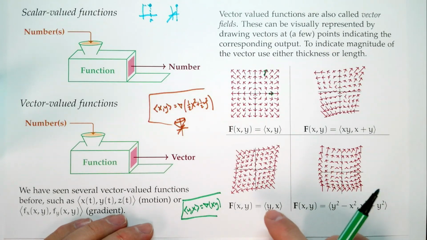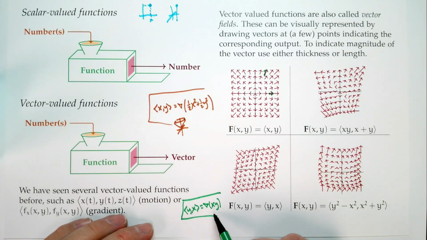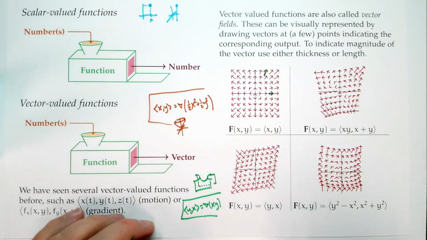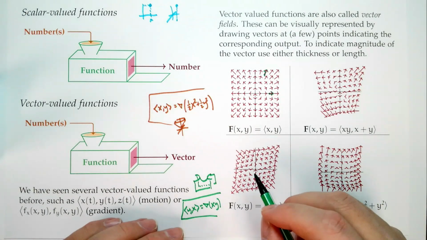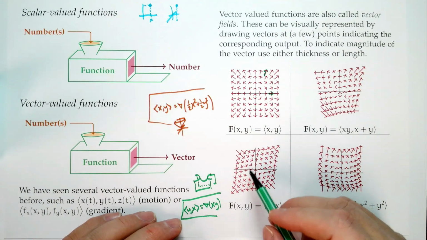And so, what's happening? Well, it turns out that this function, xy, forms a saddle shape. Remember that we always point in the direction of greatest increase.